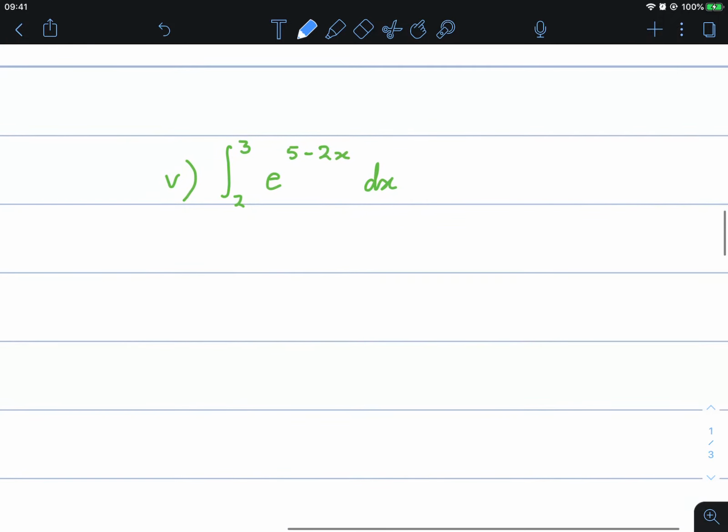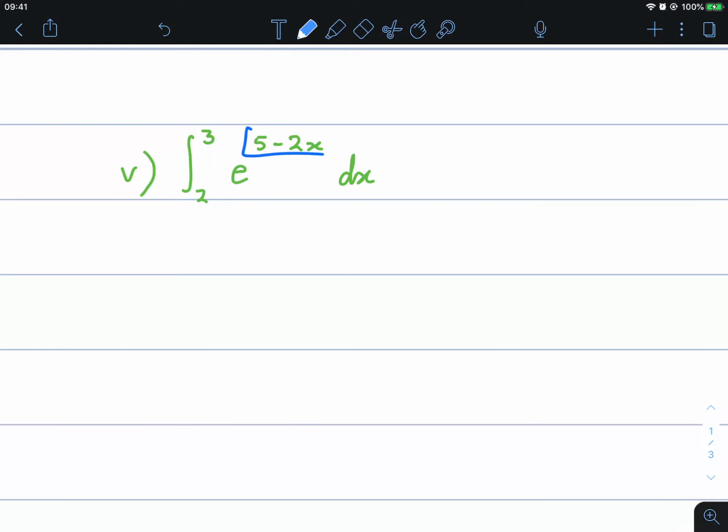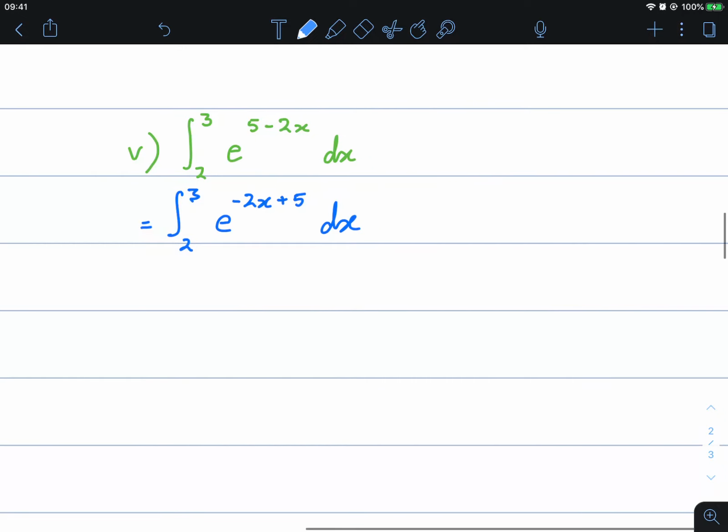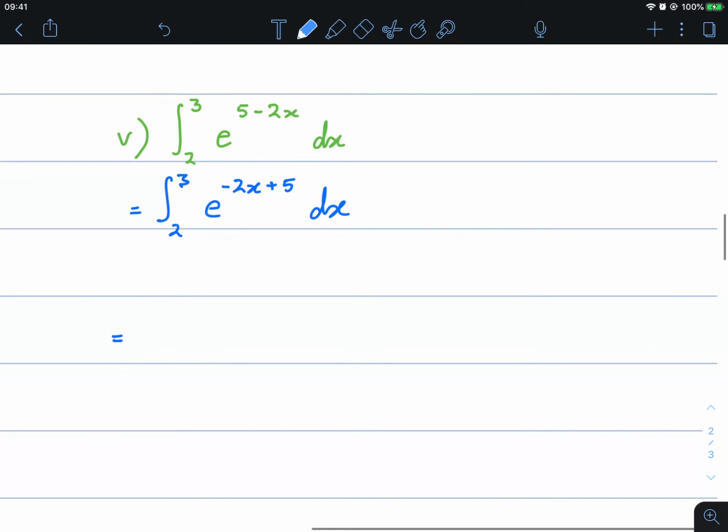Here we go. If ever you're confused with the order of these, I always like to have my x's in the front of the powers, so I'm going to rewrite this as e to the power of negative 2x plus 5 dx. This is just to help me visualize my integration. You don't have to do this if you don't like.